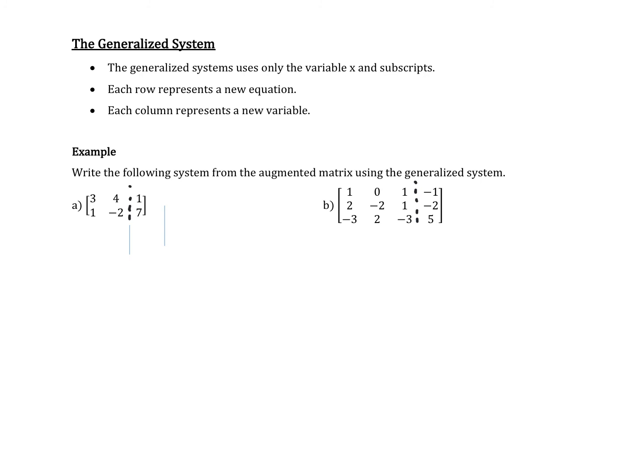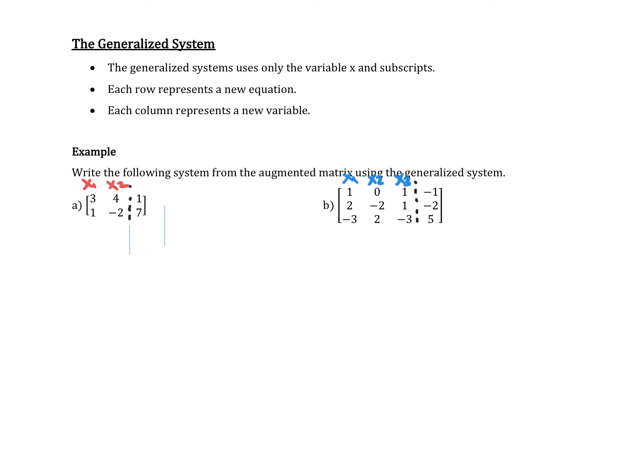So what that really means is that here is the x1 variable, here is the x2 variable. In this particular equation, here is x1, here is x2, and here is x3. So each column represents a different variable, and each row represents a different equation.